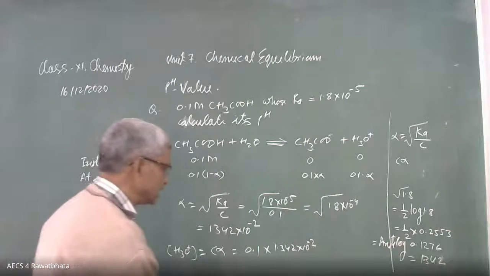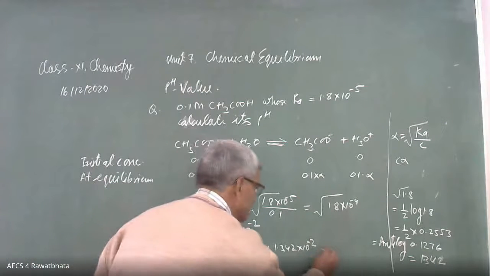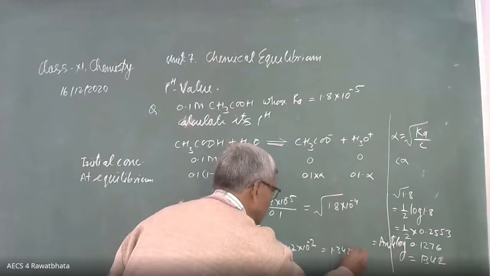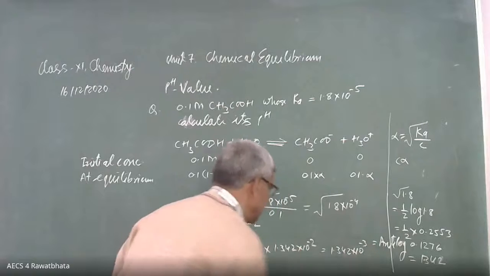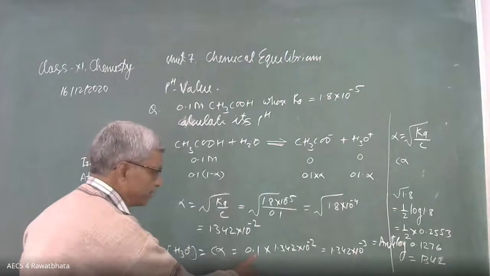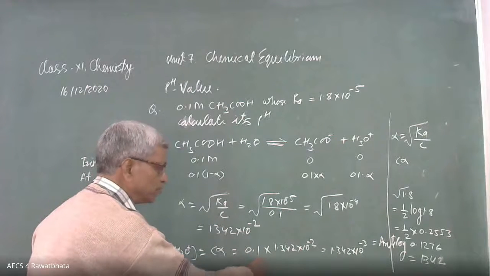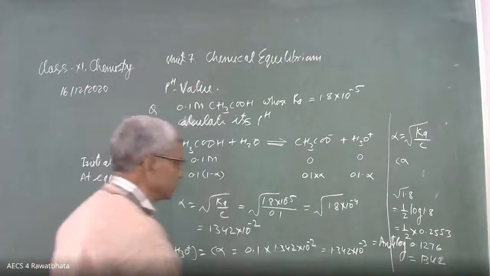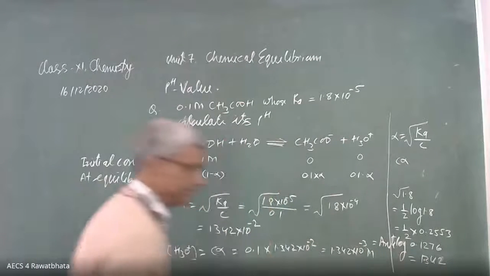Okay, beta? This we can write as 1.342 into 10 raised to power minus 3. Is it okay? This 0.1 becomes 1.0 into 10 raised to power minus 1. Then here it is minus 3. This is the molar concentration of H3O positive ion.